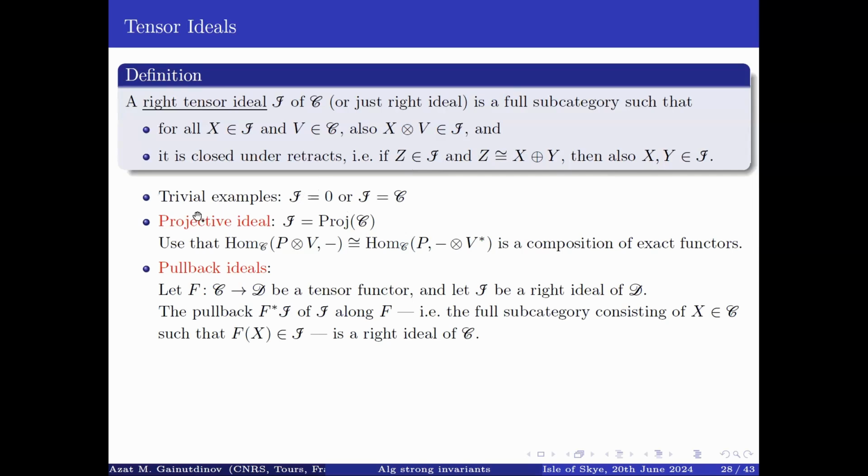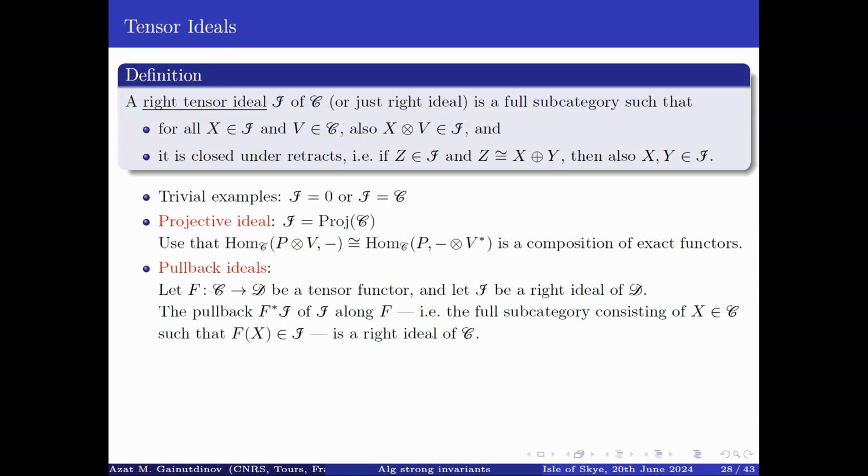The next important example is the projective ideal, or the ideal of projective objects. Why is it an ideal? It's just because we have rigidity. To see that projective objects form an ideal, let's tensor P with any object V, look at this functor, and show that it's exact. Because of rigidity, I can move V to the other side, so this functor is isomorphic to the functor Hom(P tensor V, -), which is Hom(P, - tensor V star).